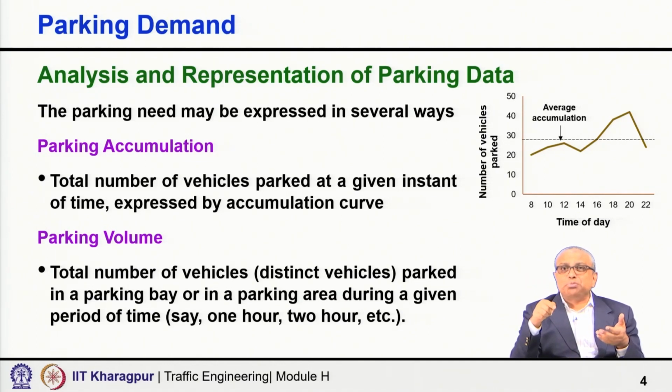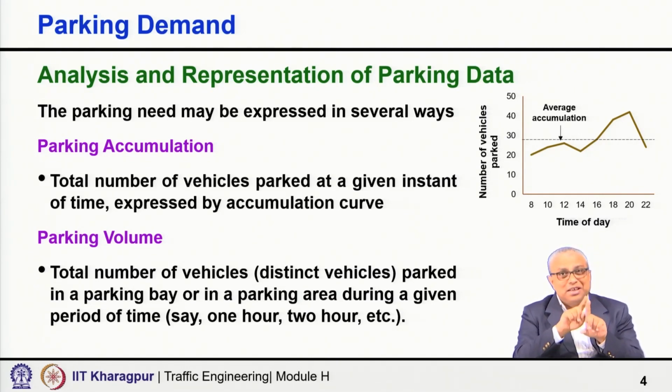If I observe the same vehicle every time, during the entire 1 hour, or 2 or 3 hours, and only a single vehicle is observed, then the parking volume is 1. We are actually matching the license plate to see whether it is the same vehicle or not. If it is the same vehicle, we do not count it multiple times, we count it only once. That is what I mean by distinct vehicles: the total number of distinct vehicles parked in a parking bay.